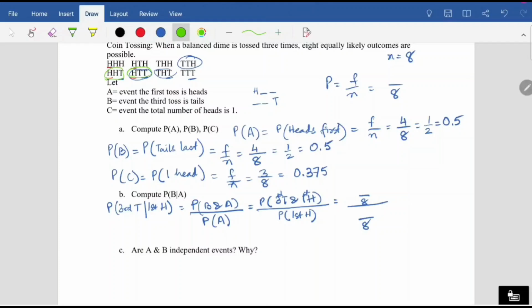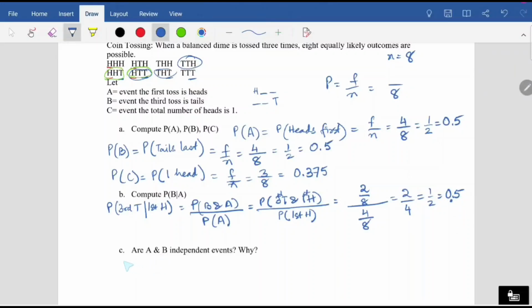So it's 2 over 8 in the numerator, and first being a head, probability of A we had already calculated, so I'm just going to take it from there, 4 upon 8. So we are going to have 2 divided by 4, which is 1/2, which is 0.5. So that's part B. The probability of B given A is 0.5.